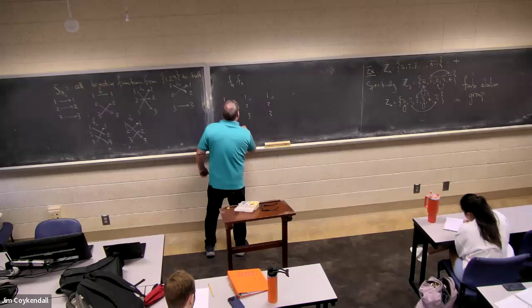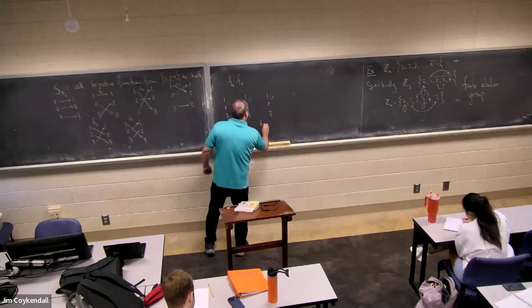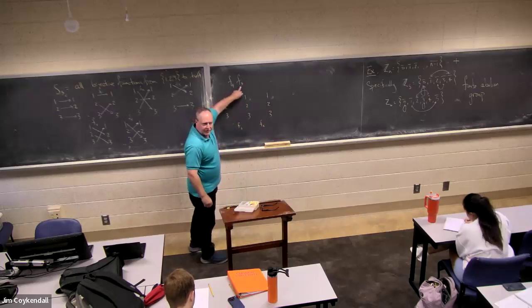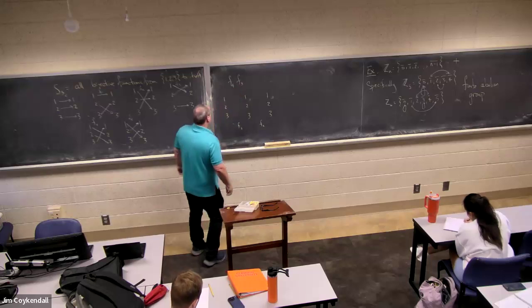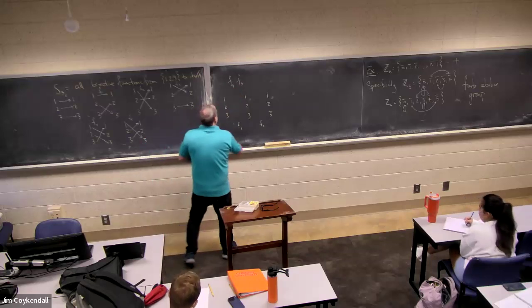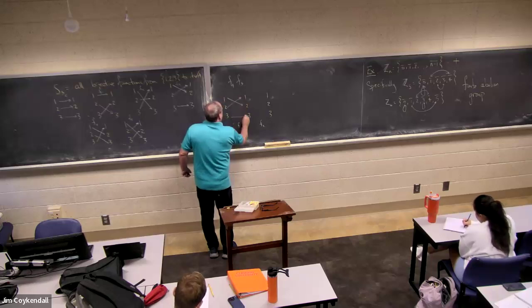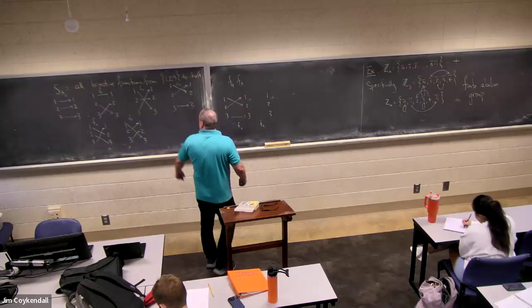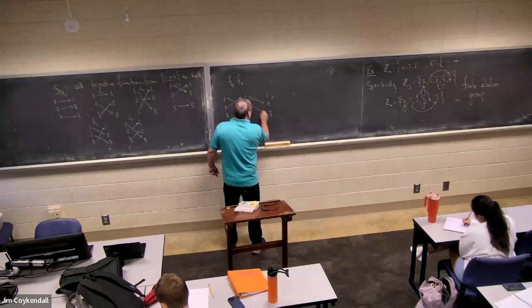This would be F4, or I'm sorry, F3. So I'm going to go this way, because remember, I'm composing functions. I'm going to do this one first and then this one. F3 is this rule here, and F4 is this rule here.